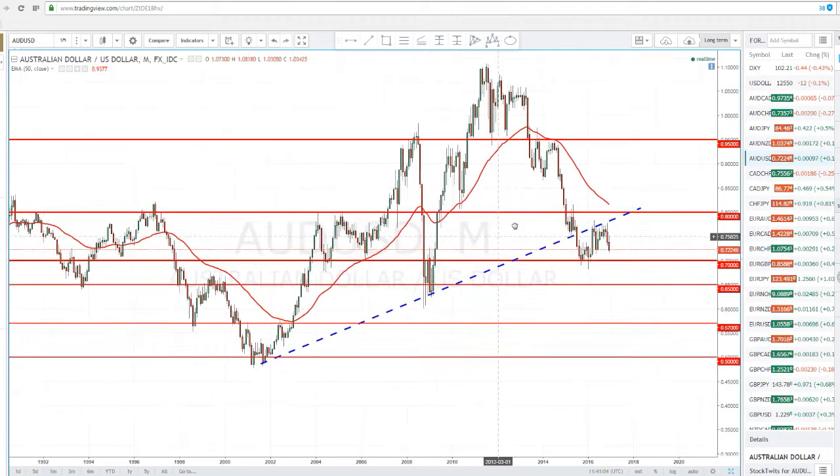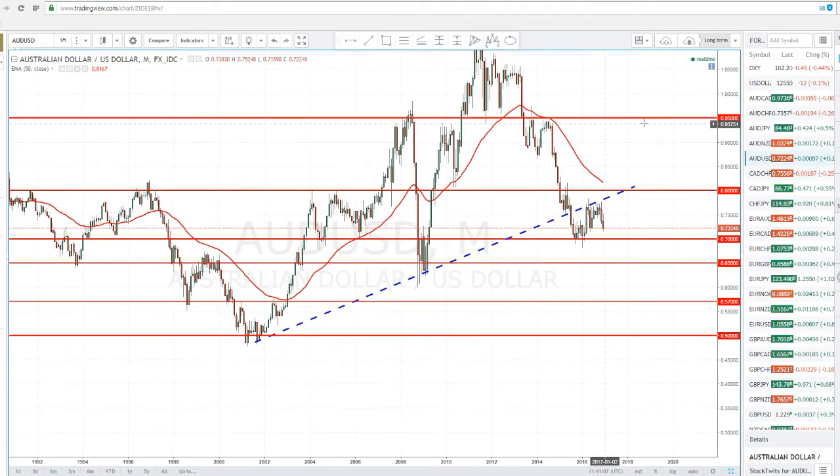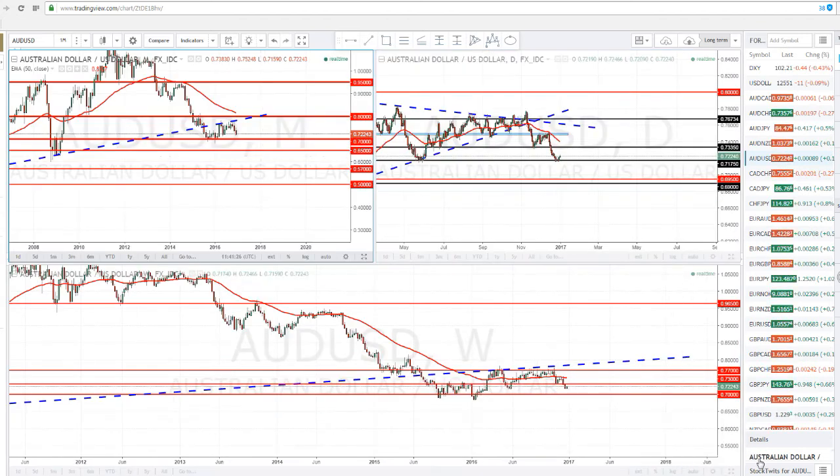The next levels I'm looking at would either be a back up to 95, or most likely a fall back down to 65. The next levels you'll see later on is where I think it could head next. So the monthly, I think it's bearish, and we'll look down to the weekly and daily just to see what has actually changed here.